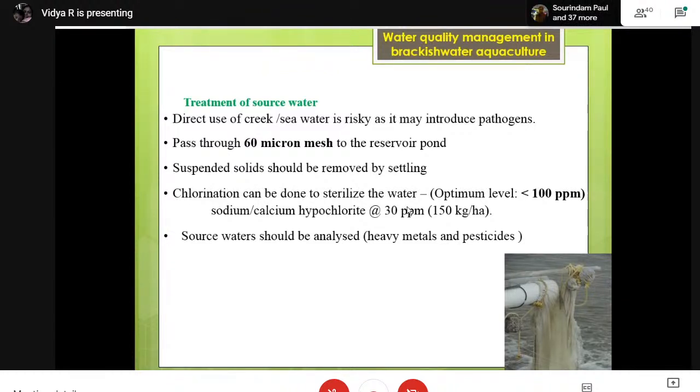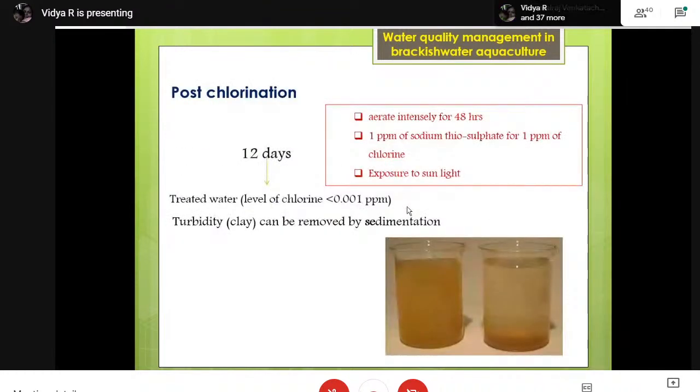So it is best to analyze your water for heavy metals and pesticides, because they are really toxic pollutants which come into the animal and in turn to the human. So it is very dangerous. First of all, we have to check the source water for these. Once the chlorination is over, as per the calculation, we have to allow the chlorine to act for 12 to 14 days.